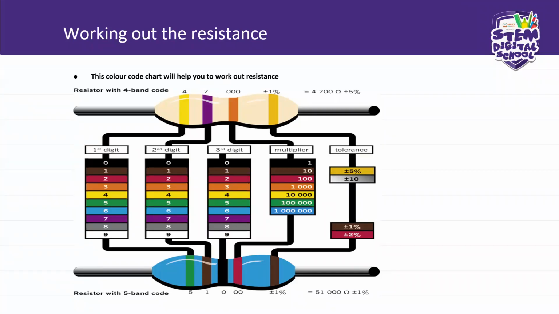They are measuring resistance. So these three bands or these four bands, depending what type of a resistor it is, they measure resistance. And this one band that is separate from the others is measuring what? Tolerance.